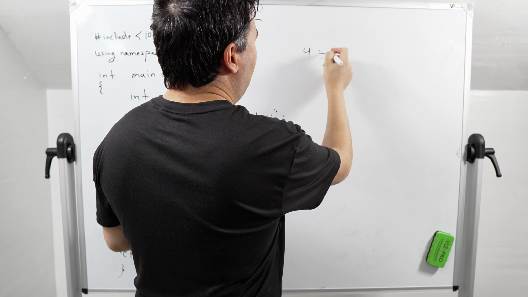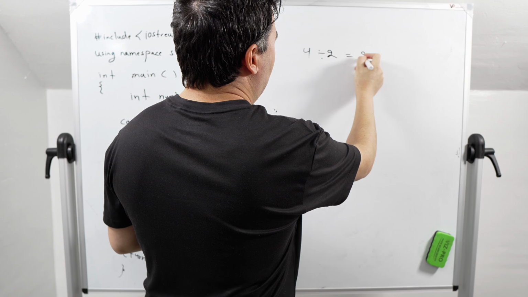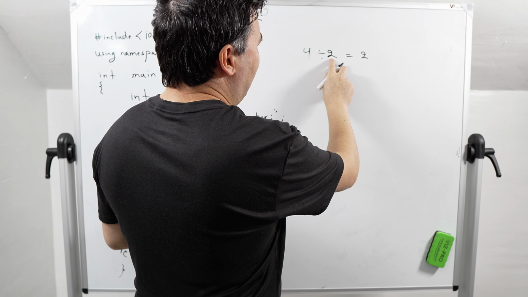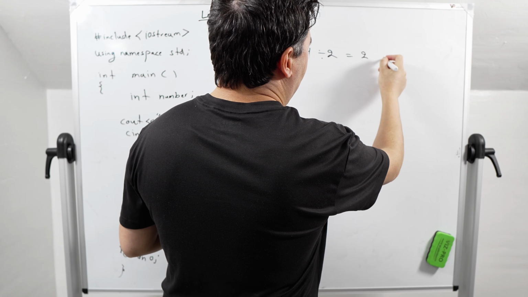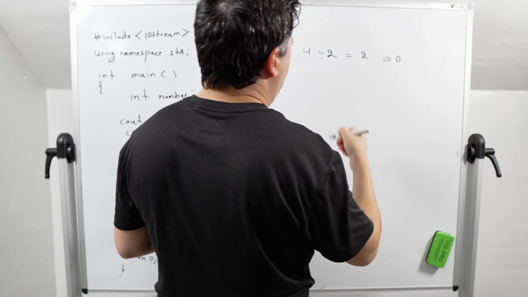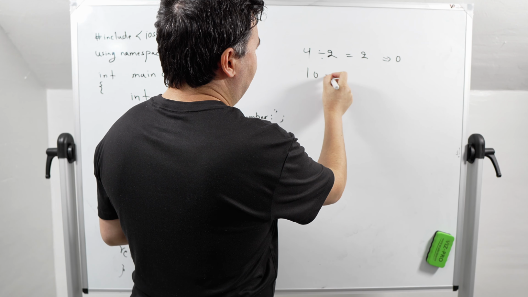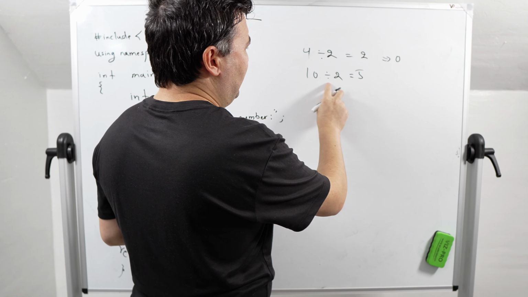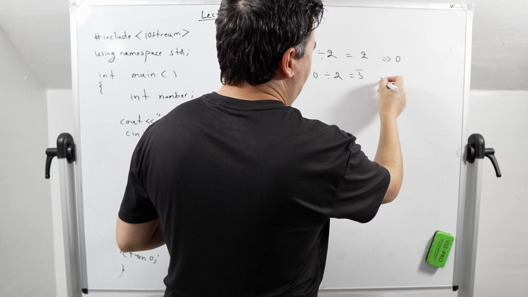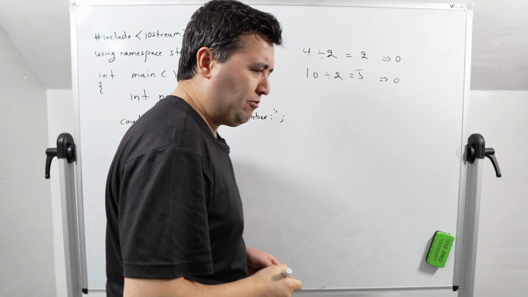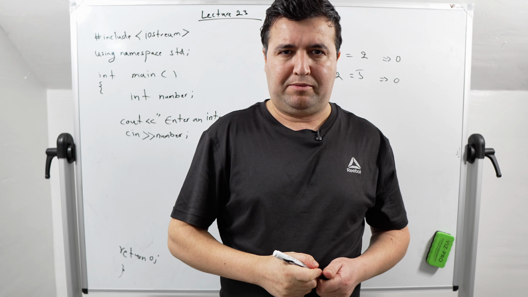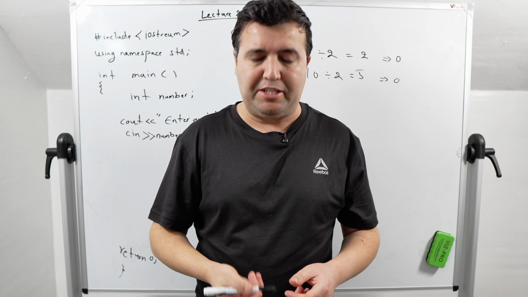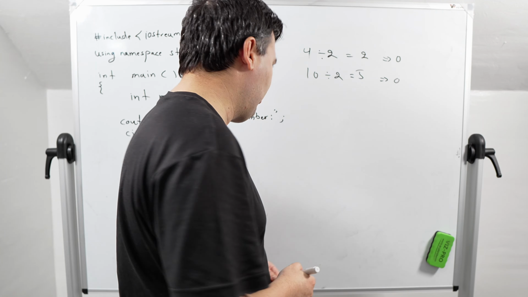If we divide 4 by 2, it becomes 2, and the remainder is 0. If we divide 10 by 2, it becomes 5, but the remainder of this operation is 0. So any even number divided by 2 leaves a remainder of 0. We implement this logic in our program.